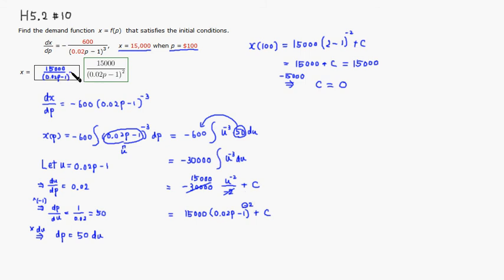Then we don't have to put anything else because c turns out to be 0 here. So the answer is 15,000 divided by quantity 0.02p minus 1 squared. Right? And we got the right answer. That's it. I hope that this was clear.